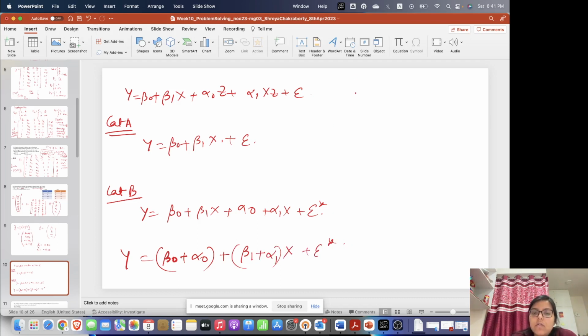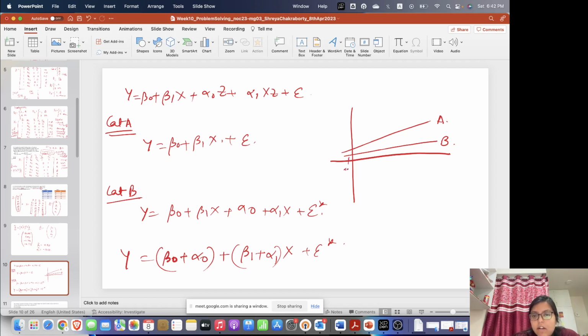Okay, so if we plug in the intercept values here, we can see that the intercept term, let's say this is for category A, this will be for category B. So this intercept is also different.